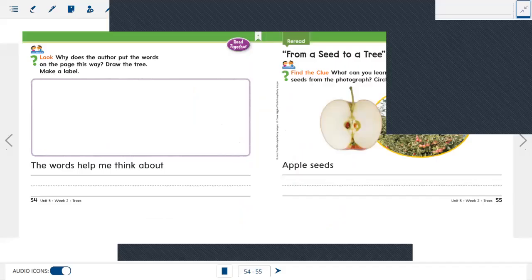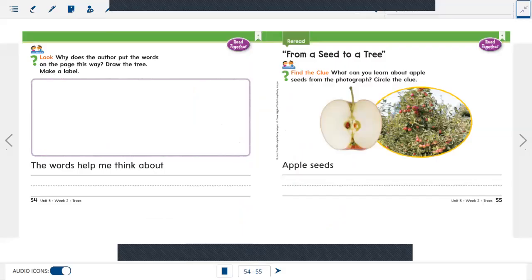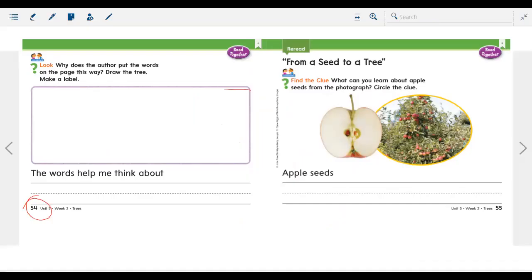Okay, so we're on 54. So what you're going to do is you're going to draw the tree over here, and you're going to make a label. So the label can show the roots. So you're going to put a label on your drawing, and you can either show where the roots are, you can label the branches, you can label the tree trunk.